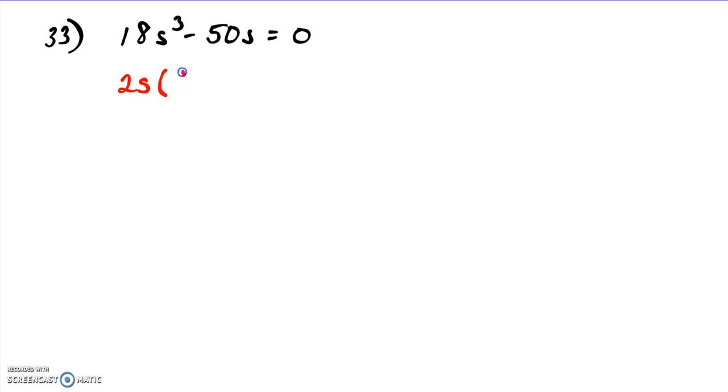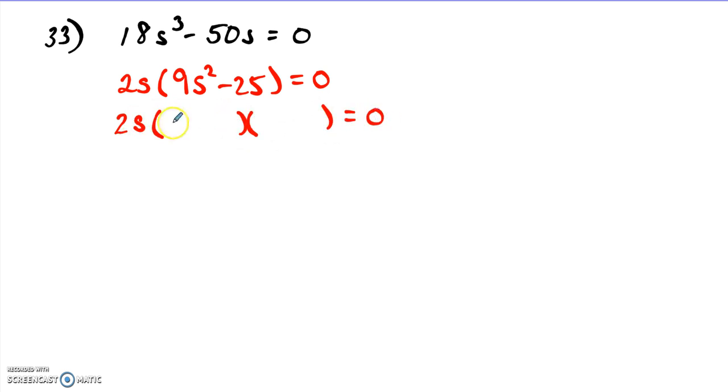And then I have 9s squared minus 25 when I factor. Here's a subtraction inside, so I can look to split it. So I want to break these two apart. So 9s squared will be 3s and 3s. Negative 25 will be minus 5 and plus 5, but you can also have plus 5 and minus 5 there.